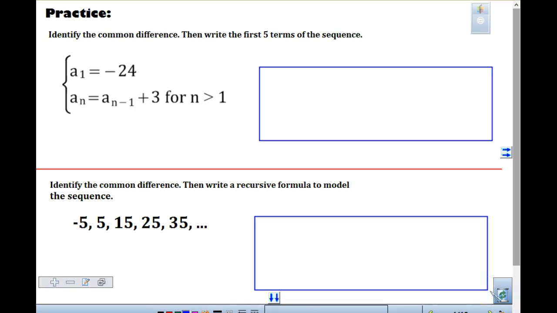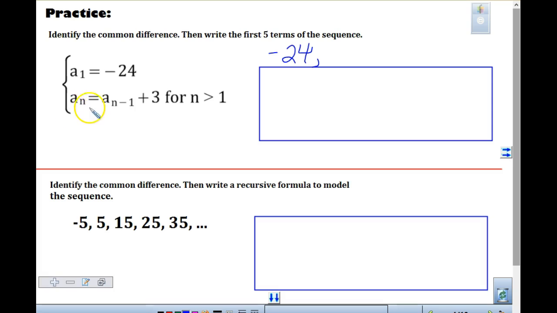Next page, let's look at writing the sum. First thing you want to do when we are looking at these different sequences with this notation is think about what this is telling us. If I wanted to list the first 5 terms, I know the first one already is negative 24, right?